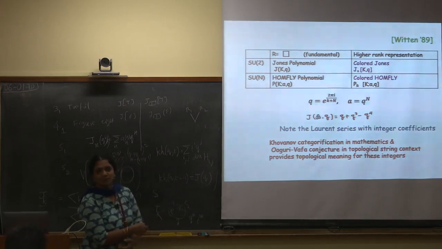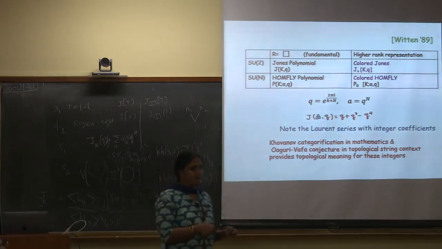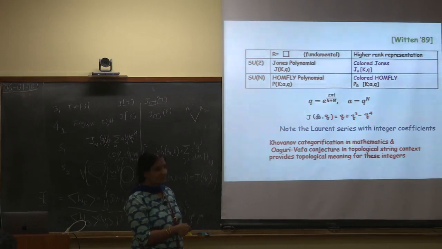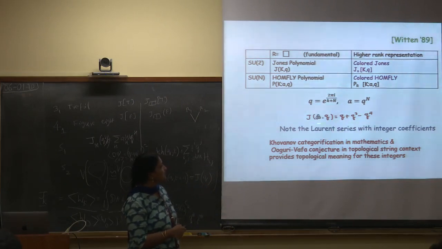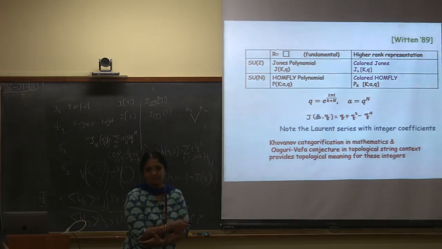Using that route, these integers can be accounted for as a counting of the number of BPS states. In some sense the negative and positive charges you can account for by these signs, and now we have some insight into why they are integers.